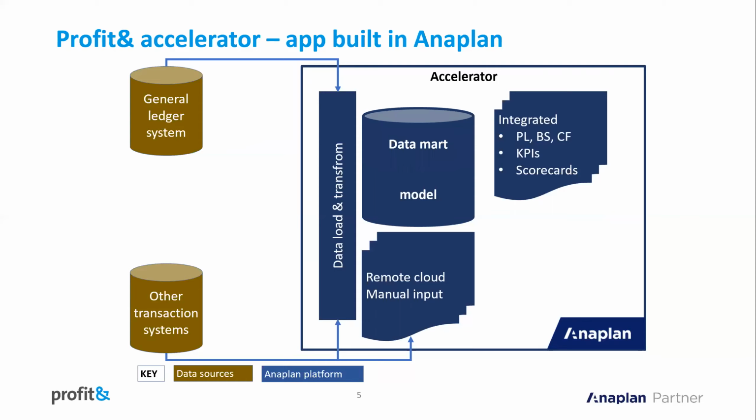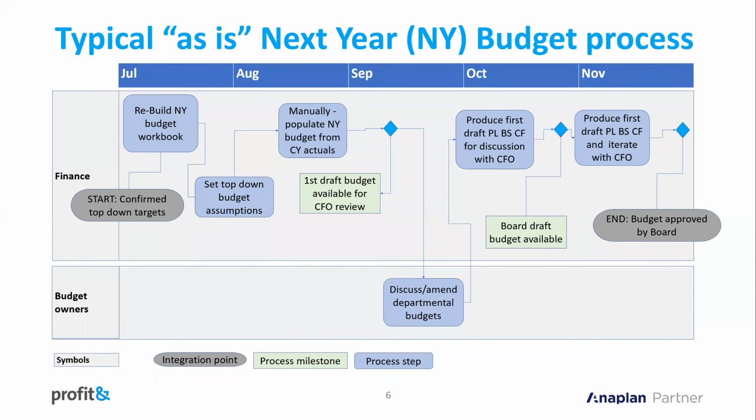And on top of that, best practice, in our opinion, is to create a data mart for FP&A data, so that there's no duplication, it's well organized and can be used for multiple use cases beyond just monthly management accounting reporting. Moving on to process, just taking this example of, say, a next year budget process.